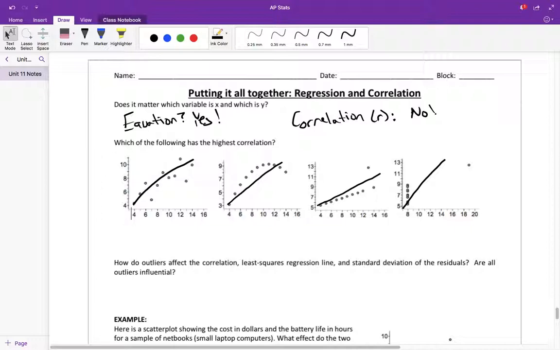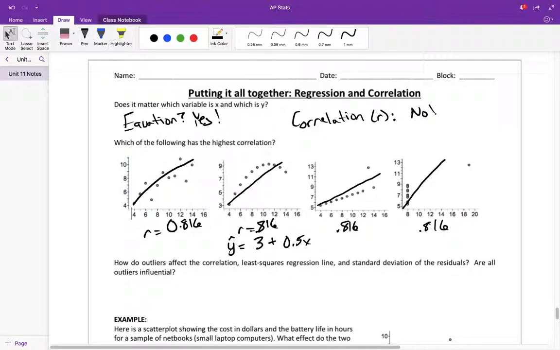Well, it's actually kind of interesting. They actually all have an r value of 0.816. So the correlation for each of these is actually the exact same, although you're looking at 3 totally different graphs. What's even more interesting is that they actually all have the same equation for their least squares regression line, which is 3 plus 0.5x.